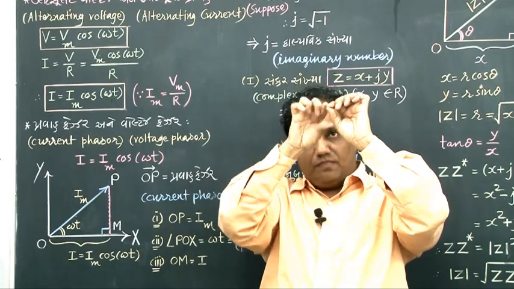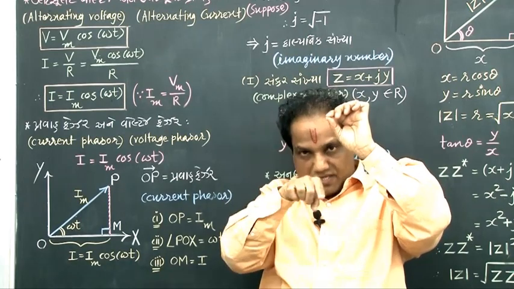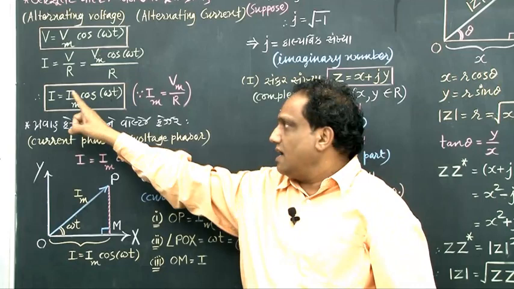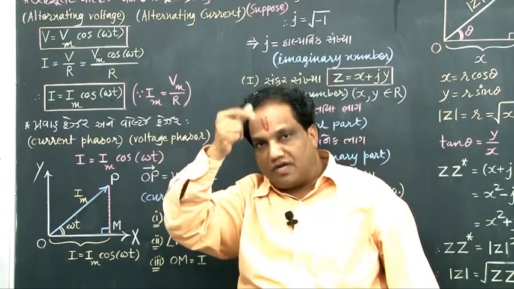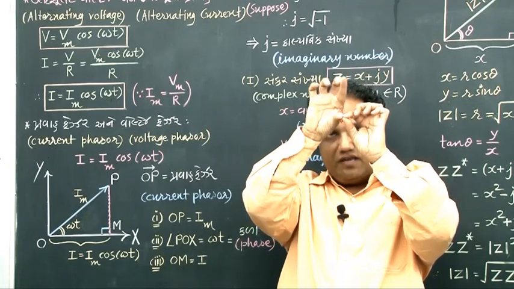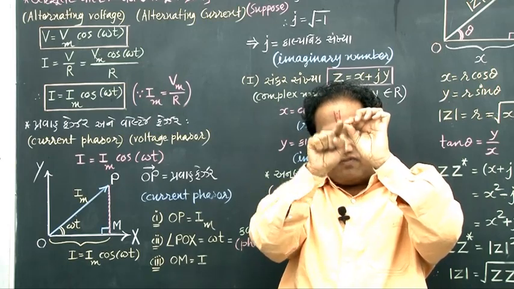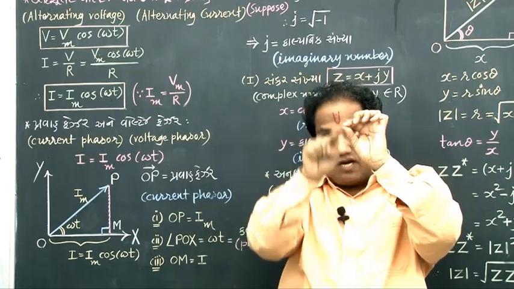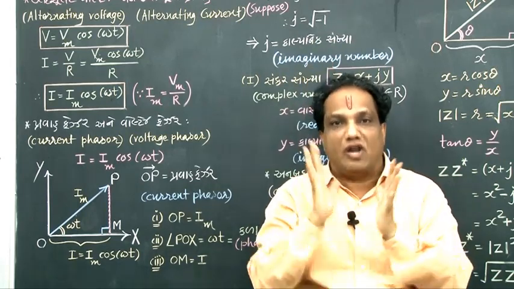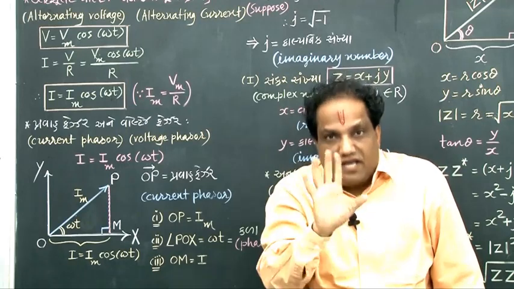This is how the values of cosine and sine function go on changing periodically. If this value goes on changing periodically, naturally I also will change periodically. Fine. In short, if values of I are changing periodically, correct, you can say as if current is oscillating. Because it goes on changing its instantaneous value, we say that physical quantity is oscillating.